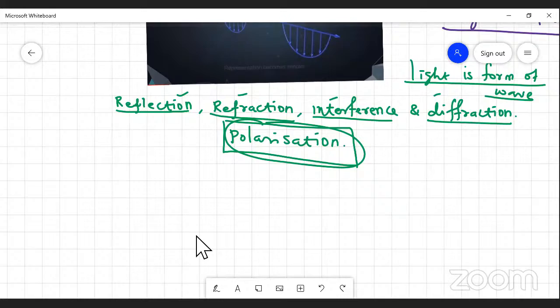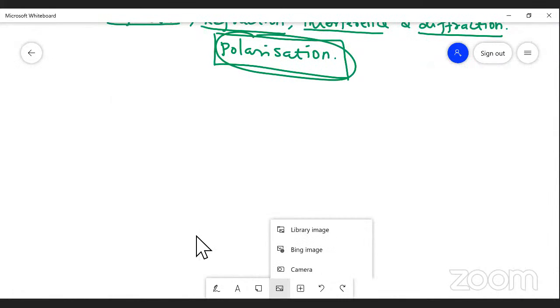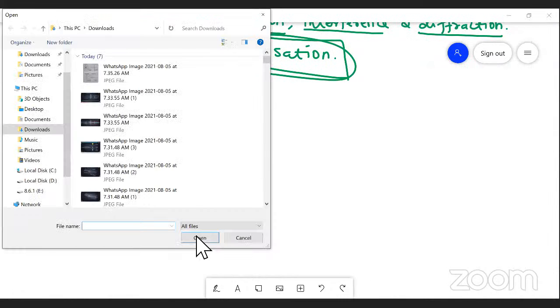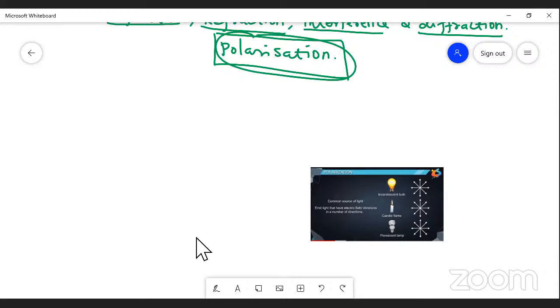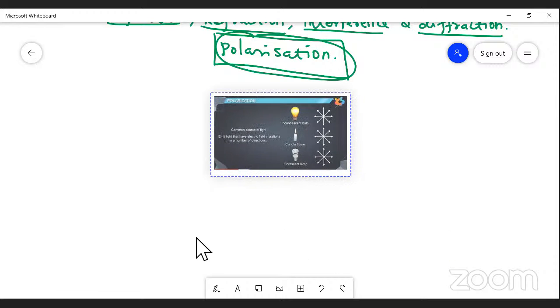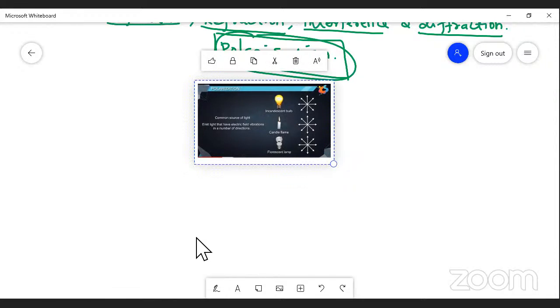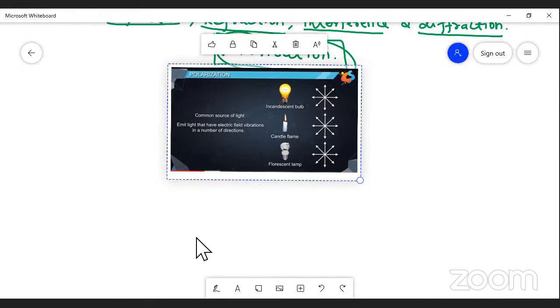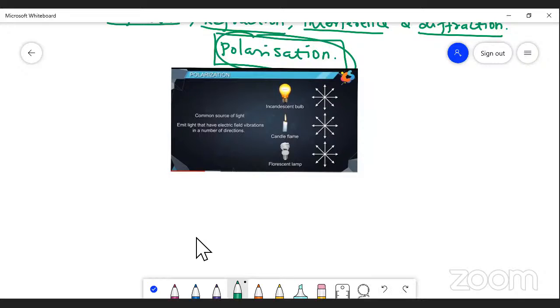Before going to this, please see the image. Right? Look at the image.